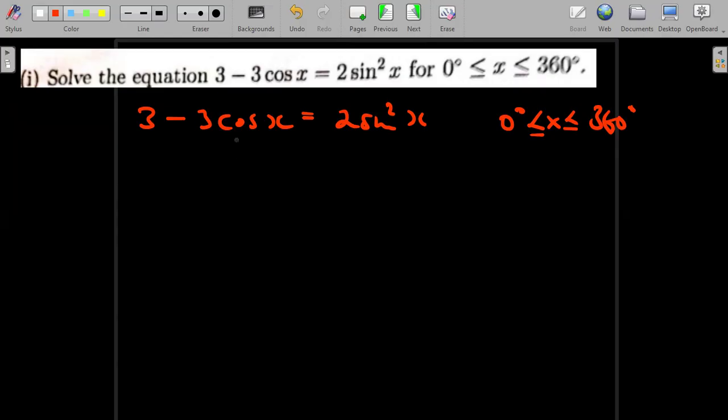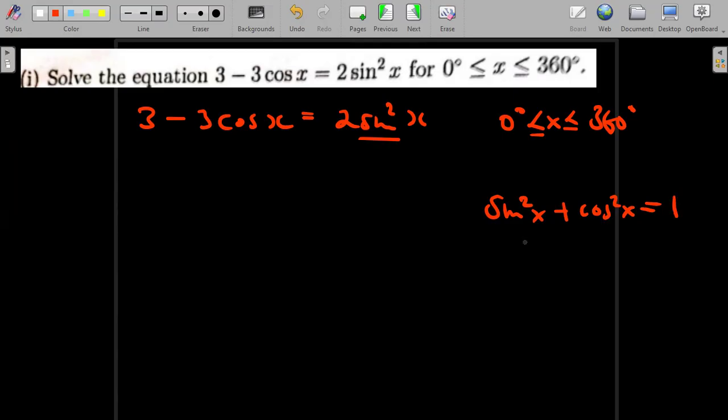So now I have cos and sin squared this side. So I can write this in terms of just cosine. So now, how can I write that? I can replace this sin squared, because I know that sin squared x plus cos squared x is equal to 1.